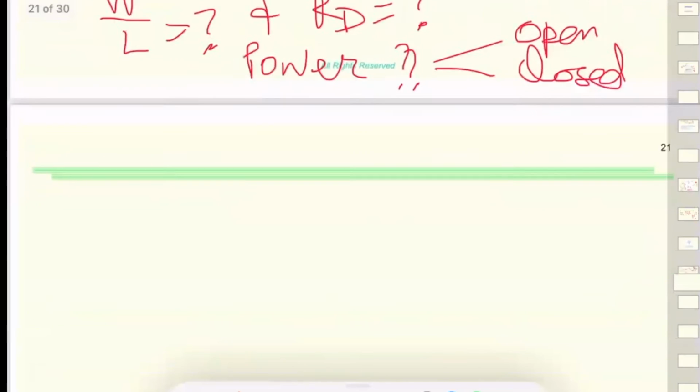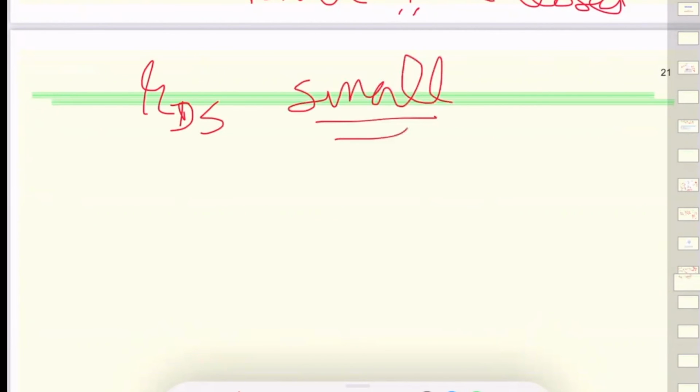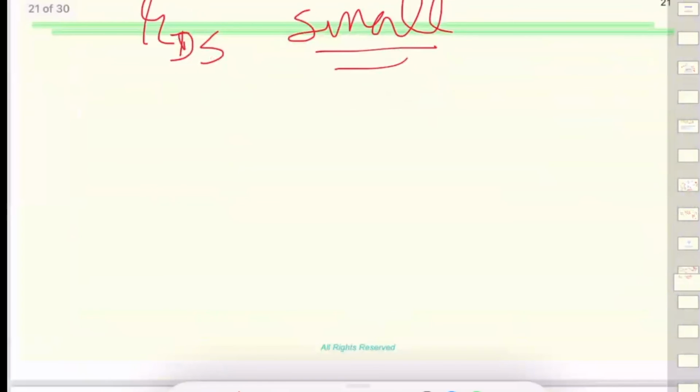So this goes back to chapter 4 or 5, right? And this is given as a hint also, RDS is small, which should be obvious to us now that we are in the triode region, not in the saturation. And that's a situation where we take RDS to be small.